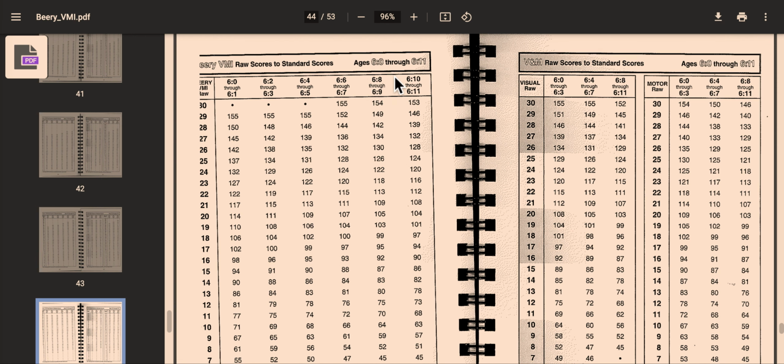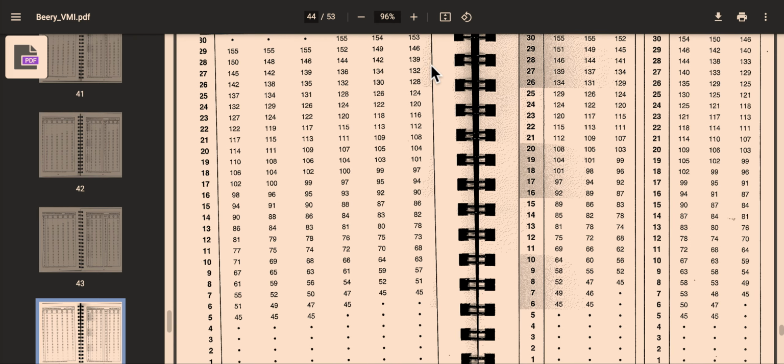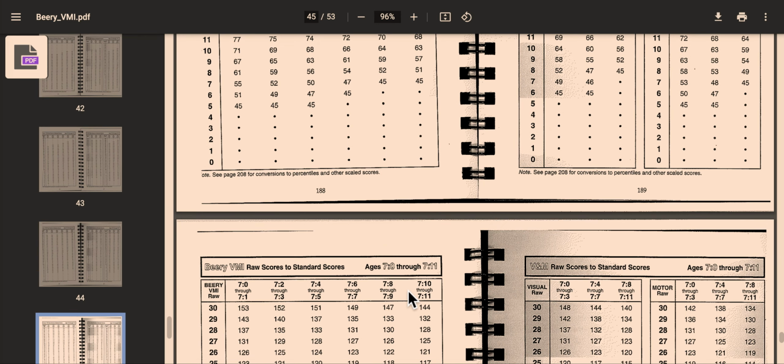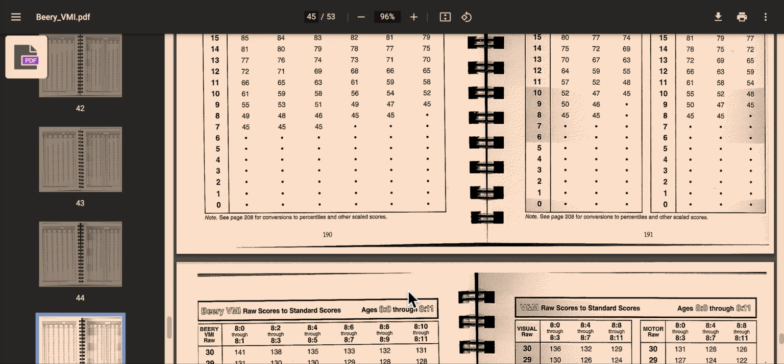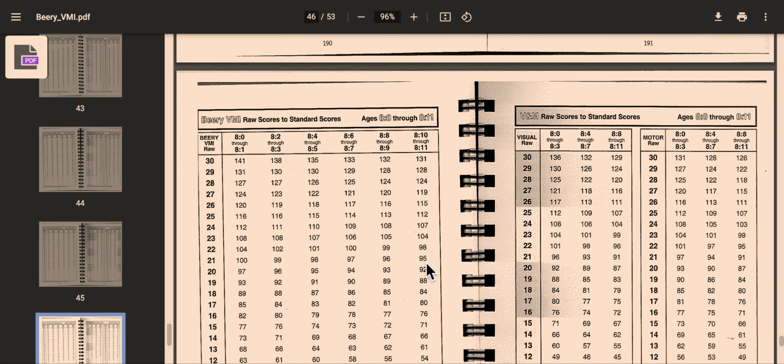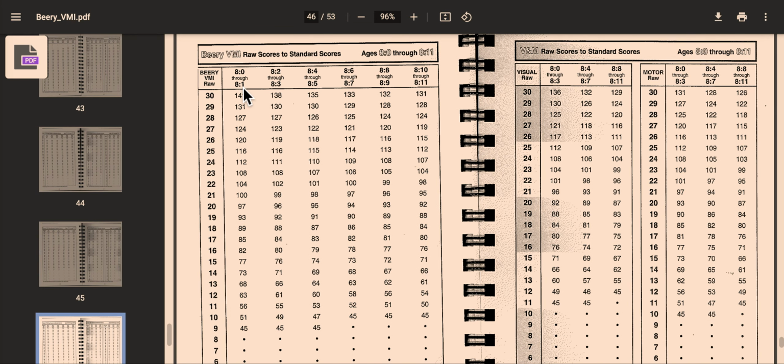So for this situation, our student is 8 years, 5 months. So we need to find the scale where this is a scale for a 6-year-old. This is a scale for 7-year-olds. This is the scale for 8 years through 8 years, 11 months. And then within that, there's 8 to 8.1, 8.2 to 8.3, 8.4 to 8.5. So this is the column I'm going to need to look at.